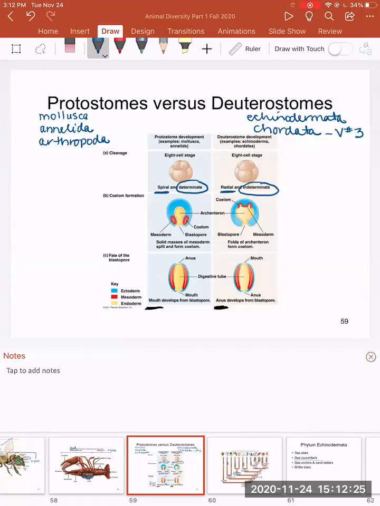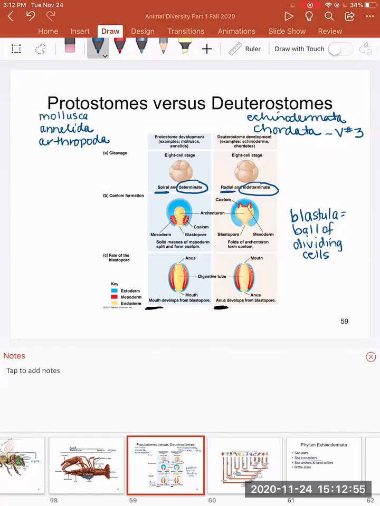The other thing that happens is as these cells start dividing, they form a ball called the blastula. The blastula is basically a ball of dividing cells. And eventually an opening develops in that blastula.